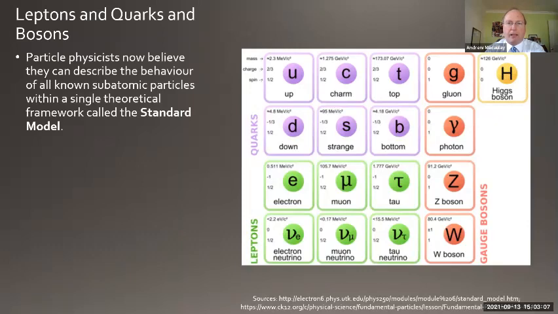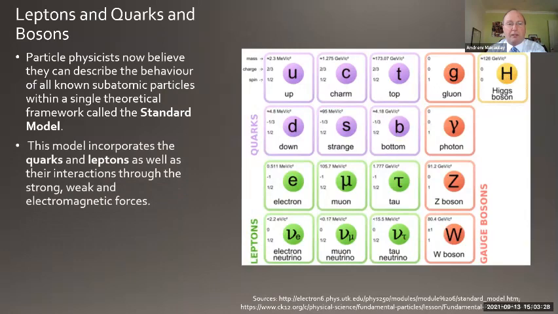They make up matter, but all the matter that we see and feel around us is from the first column only. In fact, the up and down quarks and the electrons are all that you need to make up atoms.